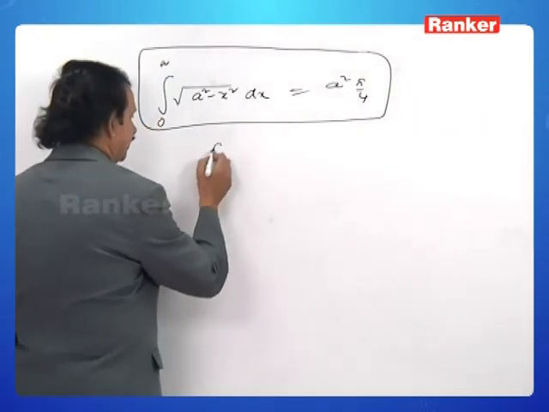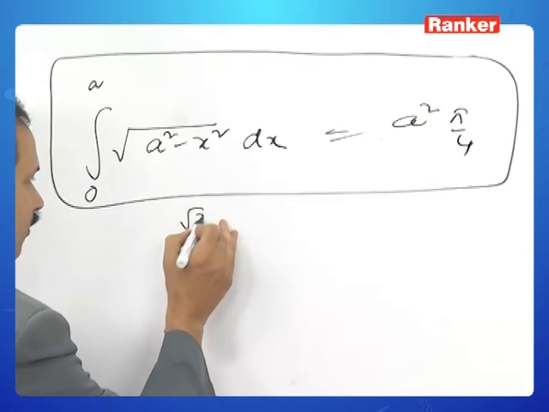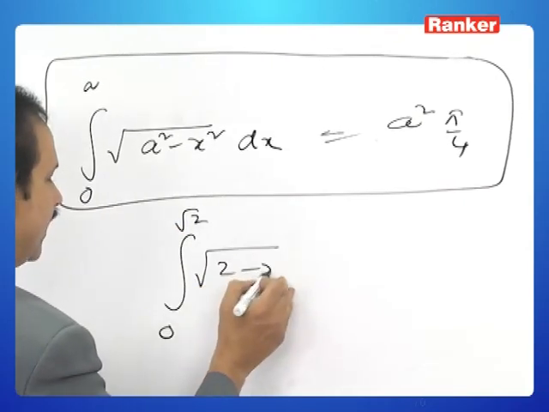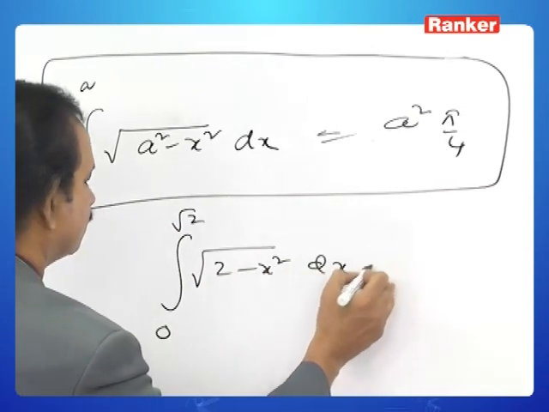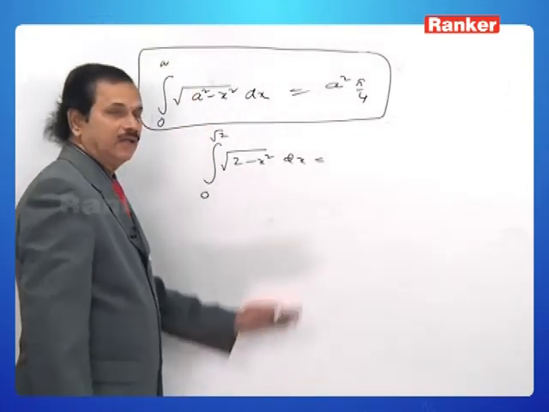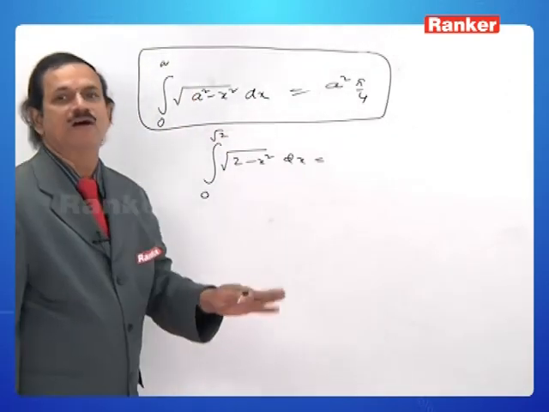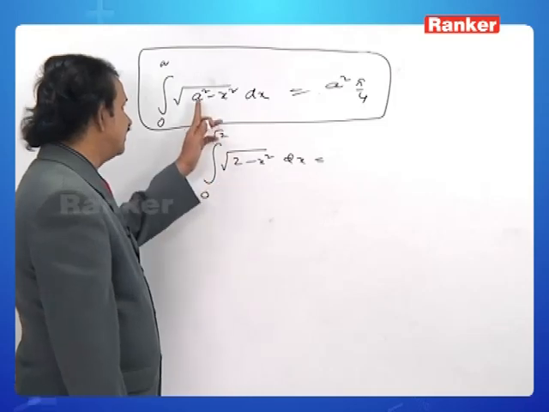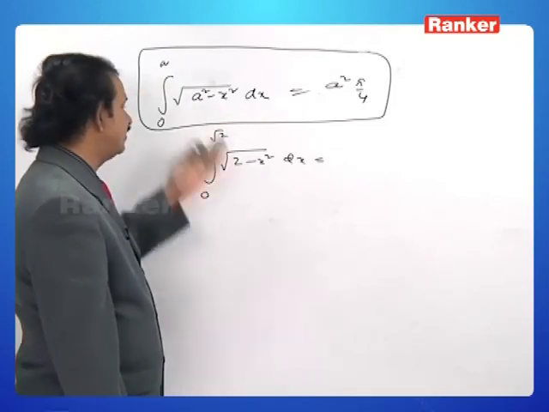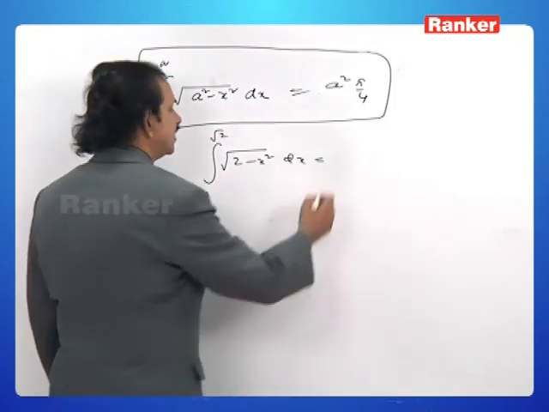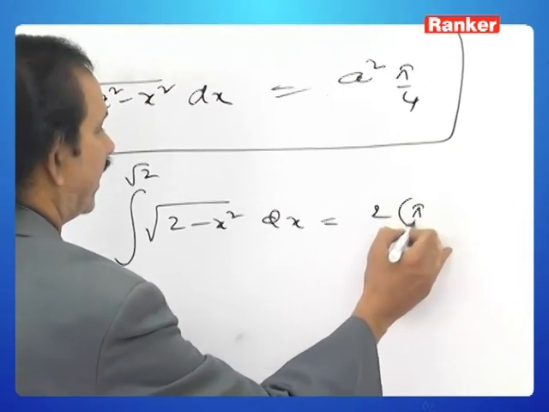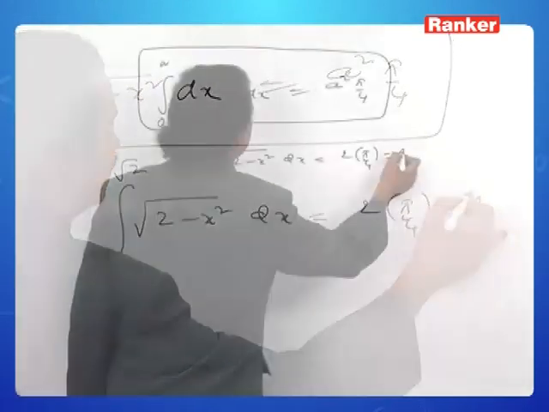Come on, tell me. Integral 0 to root 2, square root of 2 minus x square dx. Is this problem in this standard form or not? In the place of a square we have 2, in the place of a we have root 2, hence the answer is a square pi by 4, so the answer is pi by 2.